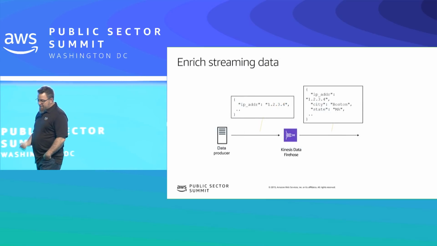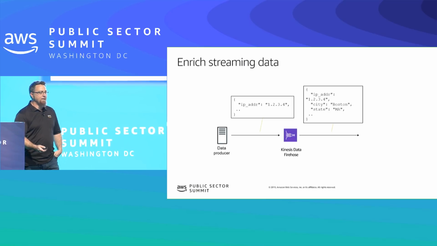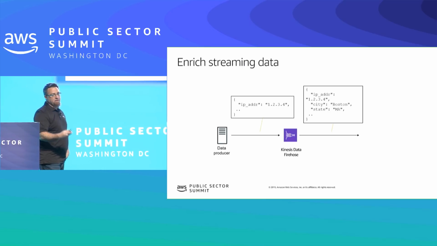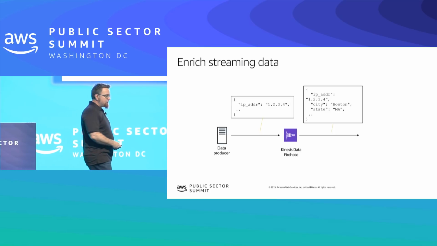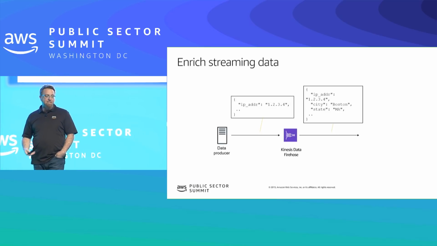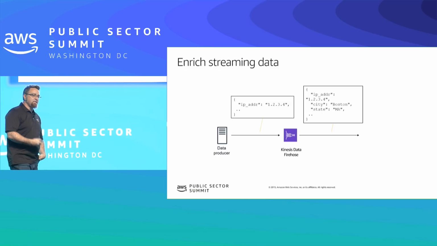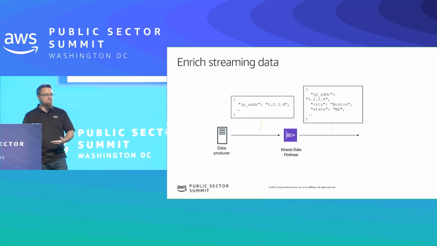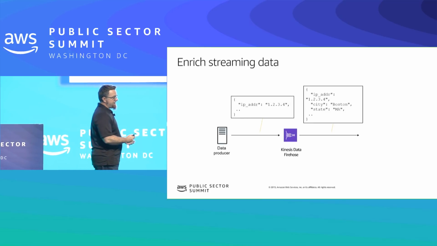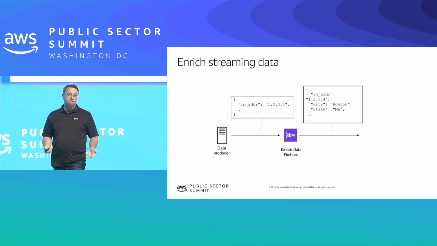Some of the key features of leveraging Firehose: you have that raw data coming in, and a lot of times with the consumer aspect, you're doing some work to enrich or filter that data. With Kinesis Data Firehose, in those batches that we're persisting out, you can execute a Lambda transformation and do things like enrich the data stream.